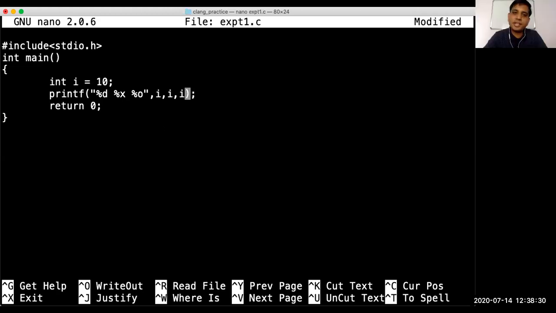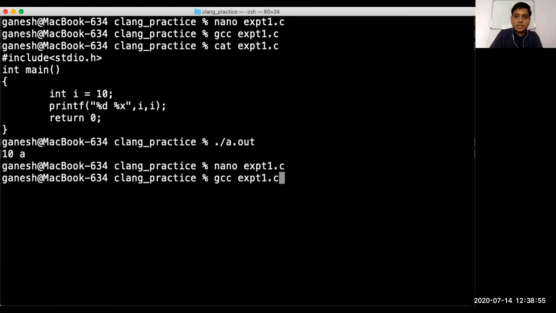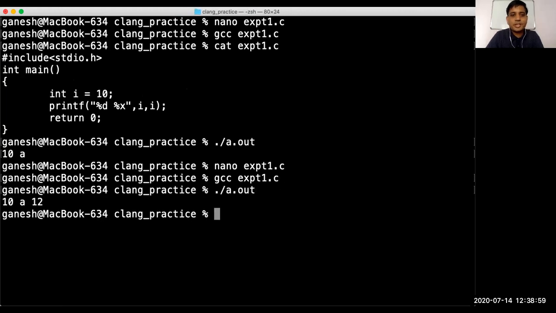And after 7 it is again 10, 11, 12, 13. So what is decimal 10 in octal? 7 is 7, 8 means 10, 9 means 11, and 10 means 12. Yes. So just check it. So the answer is 12.